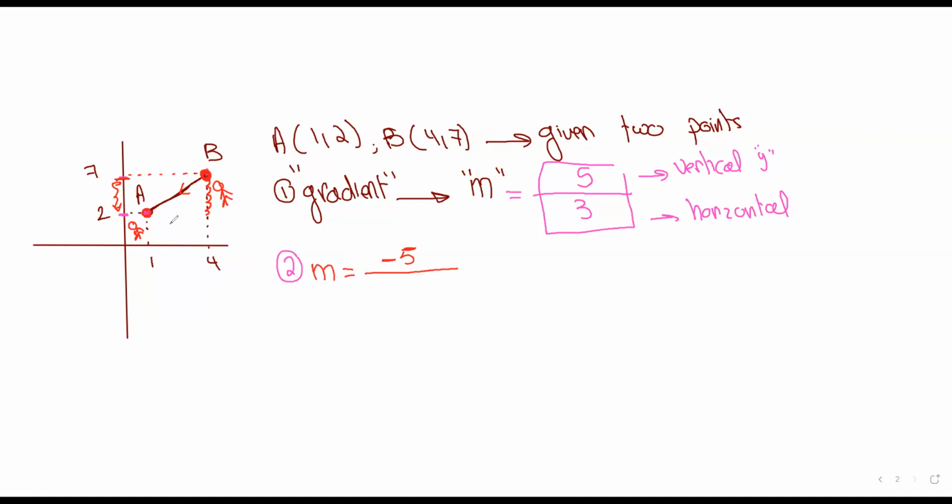I was at 4 and then I went back to 1. I went back 3 steps, so I went to the left. Left means negative 3. So from B to A, 5 down, 3 left, negative over negative, and this changes into 5 over 3 as well. Same answer.